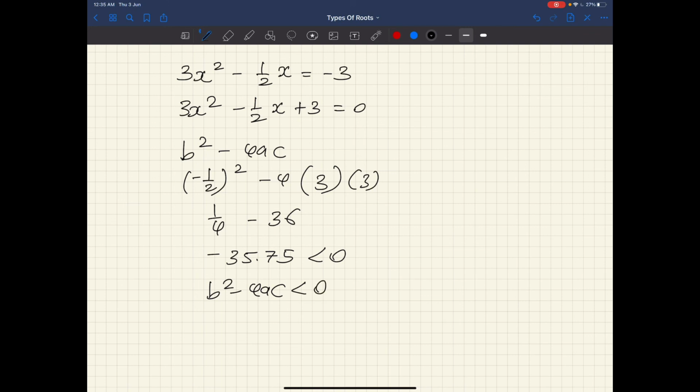So what does it mean? Graphically, if you have such cases and you try to find your roots, when you plug it in your calculator, you wouldn't find roots, because there aren't any roots. And if you draw your graph, it will look like this.